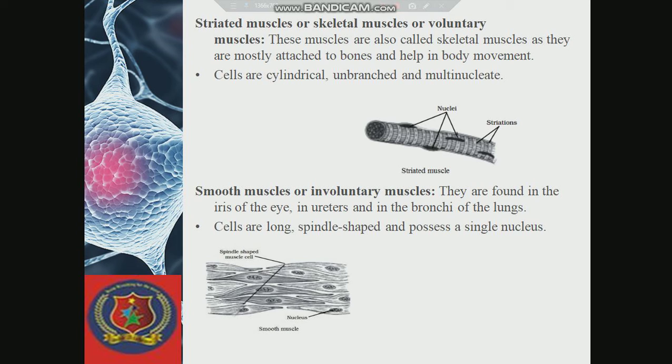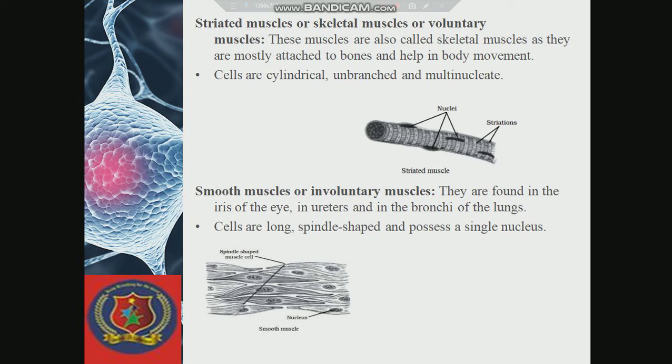We cannot start or stop them simply by wanting to do so. Those types of muscles which cannot be controlled by us consciously are called involuntary muscles. They are also called smooth muscles, and they are found in the iris of the eyes, in ureters, and in the bronchi of the lungs.